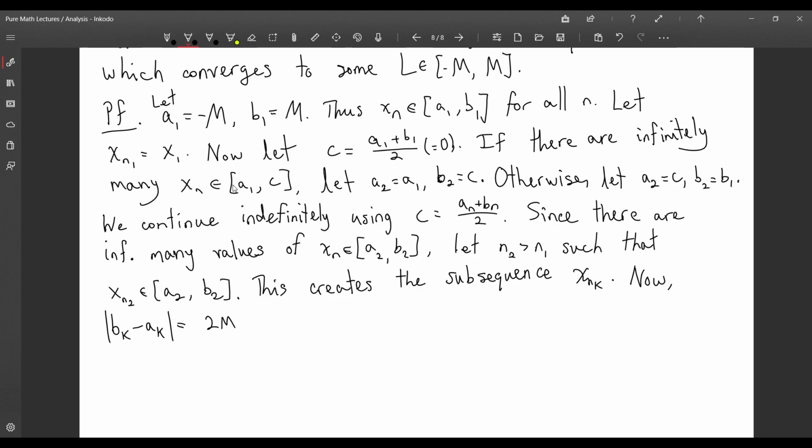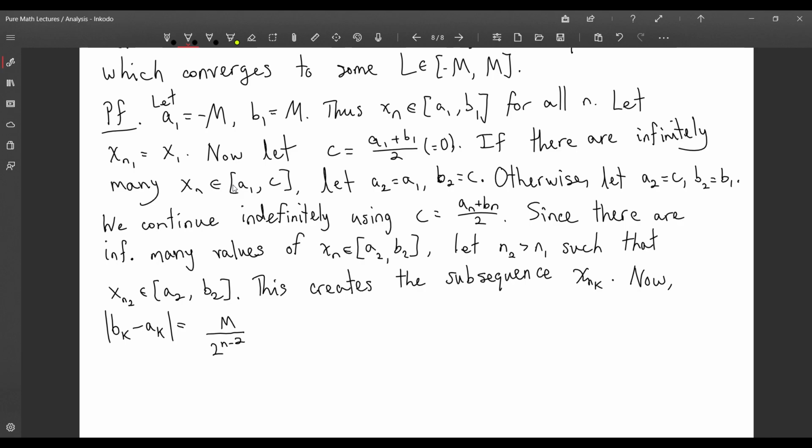This is going to be 2m divided by 2 to the k minus 1, or of course I could write this as m over 2 to the k minus 2, right? The extra 2 in the top came from the original length of the interval, negative m to m, which is 2m.